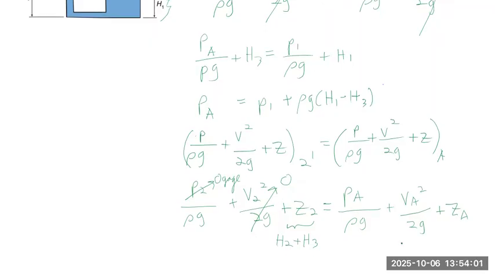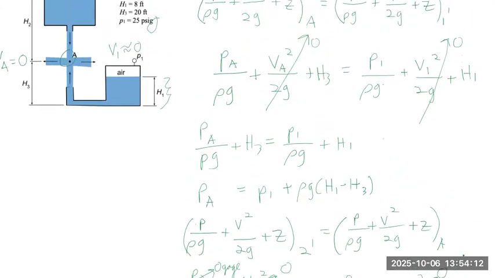So PA is going to be what we found earlier. VA squared over 2G again is 0. And ZA is H3, the distance from point A to the ground.